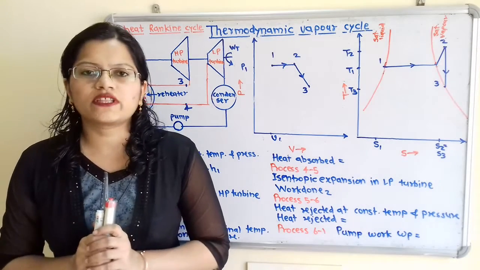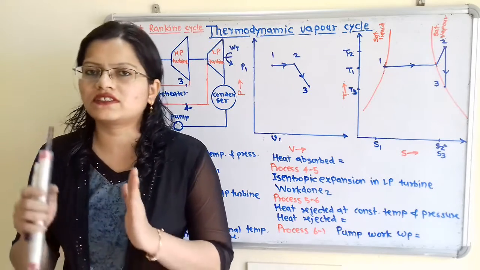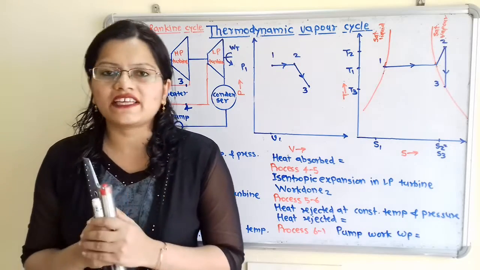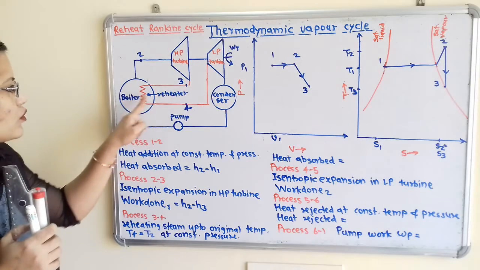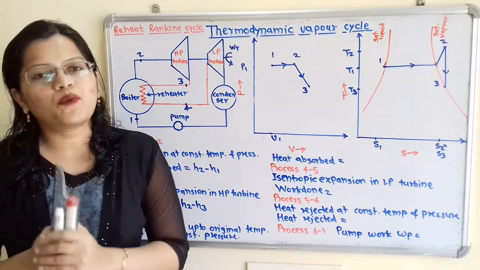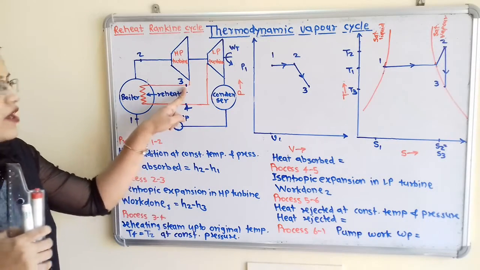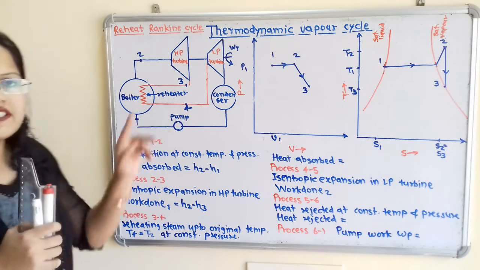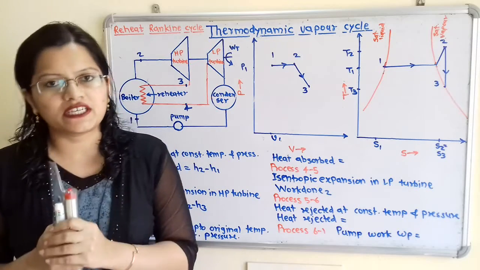Now we will move to the next process, that is the reheating of steam at constant pressure. This reheating process is carried out by using the heat from the boiler. So here we have to show process 3 to 4. Now one important point is that we have to increase the temperature of steam from point 3 to 4 in such a way that temperature at point 4 is equal to temperature of superheated steam.